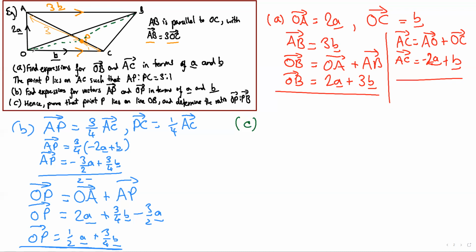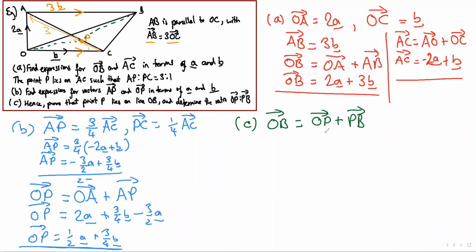So first off, we know that OB equals OP plus PB, because we have OP to here and then PB to here. So that'll give us the line OB. Now what we want to show is that these points are on the same line.